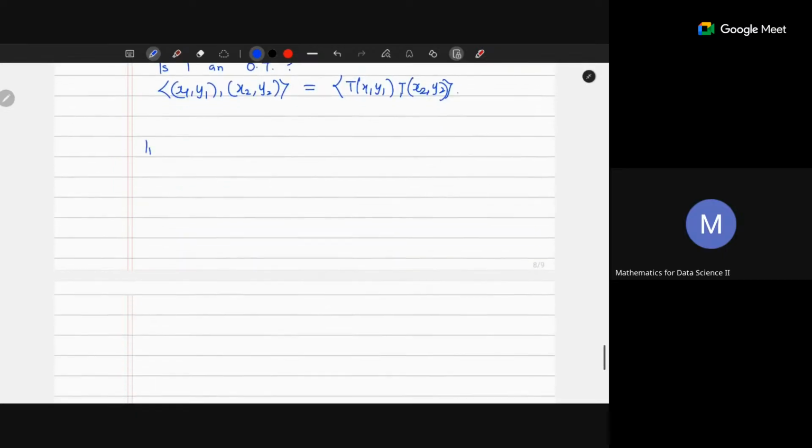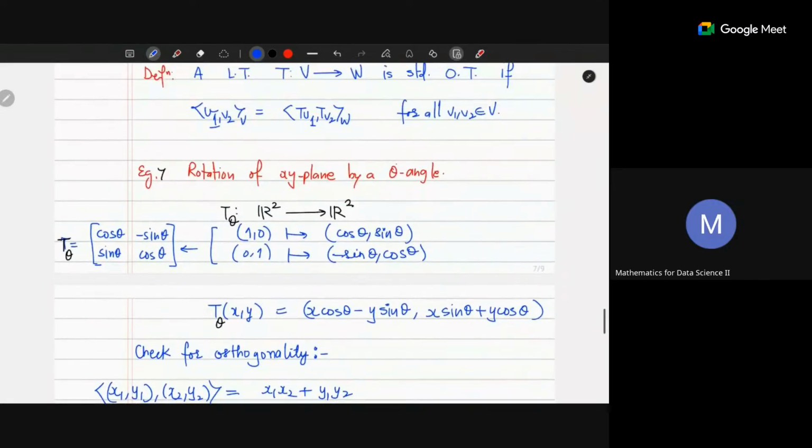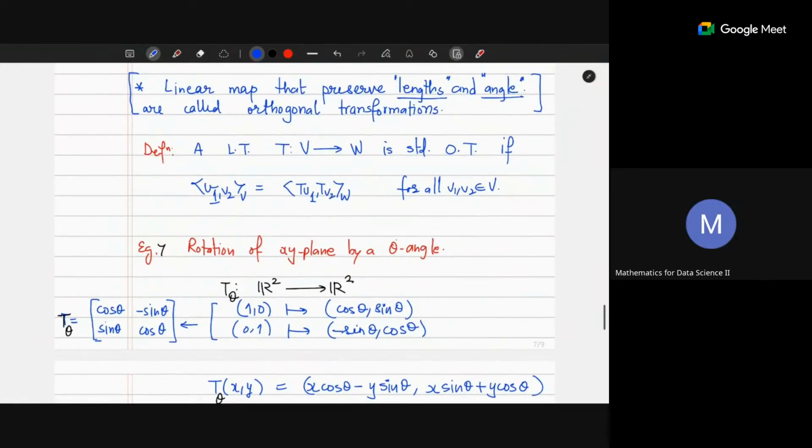In the above examples, we were working with the orthonormal basis of the domain, right?